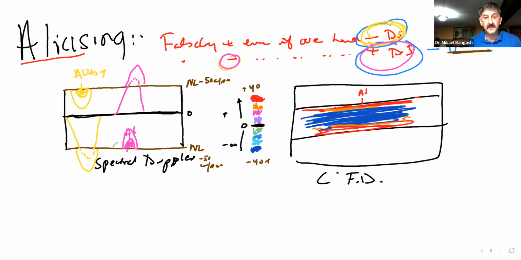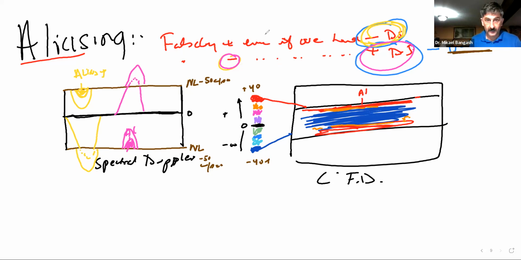So what you may see in aliasing is that the blood vessel is going to be filled by colors on the extreme opposite poles of your color map.